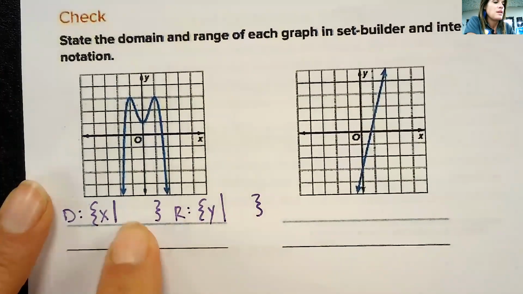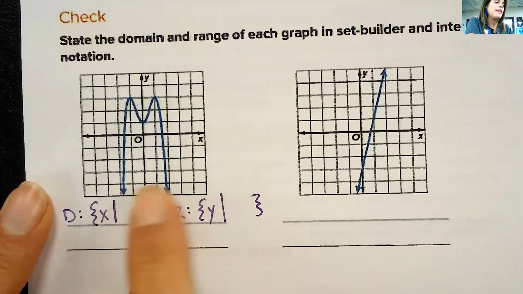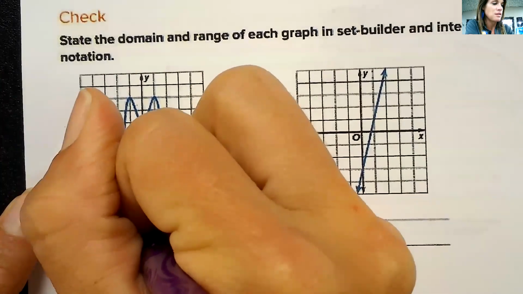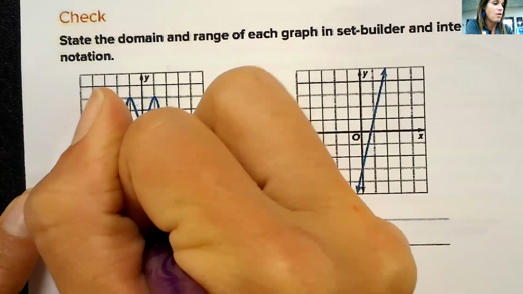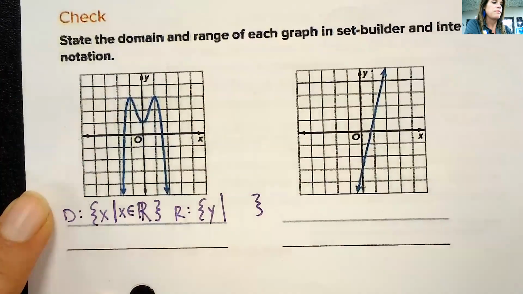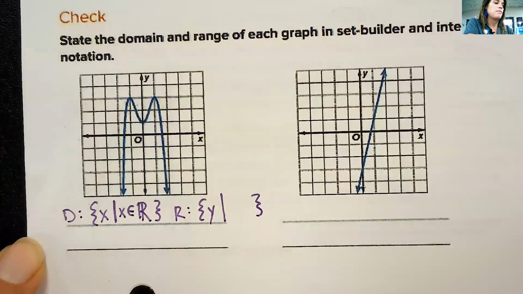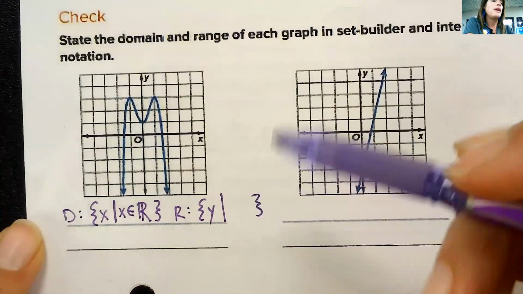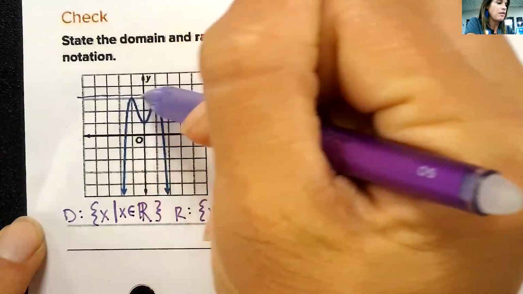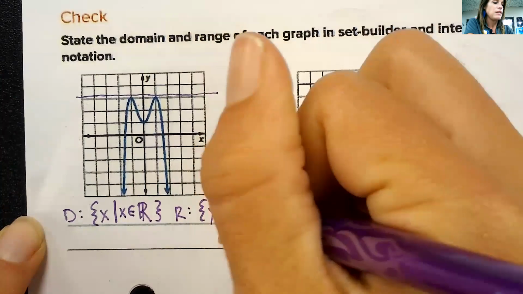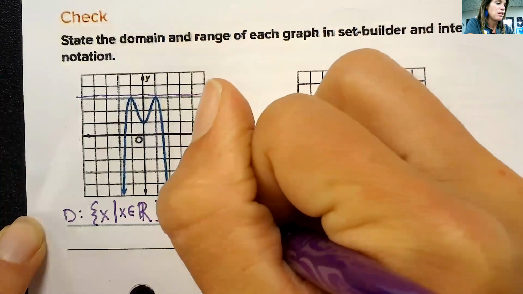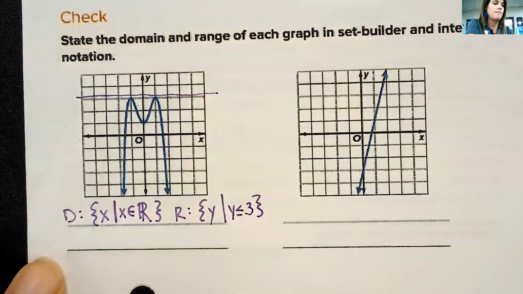What is the domain? It's going left, it's going right. There's no end to it. It's going to keep going. So we're going to say X is an element of all real numbers. The range, it doesn't go up higher than 3, and it's everything underneath that. So Y is less than or equal to 3.